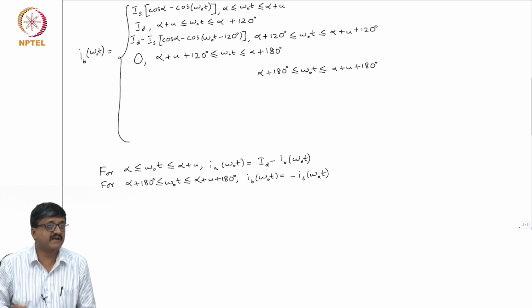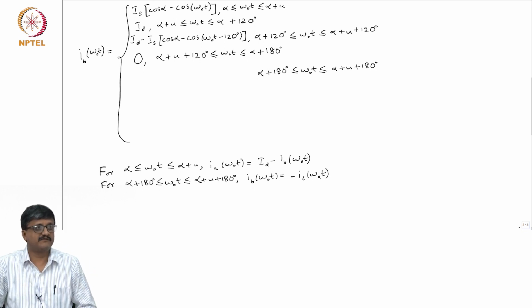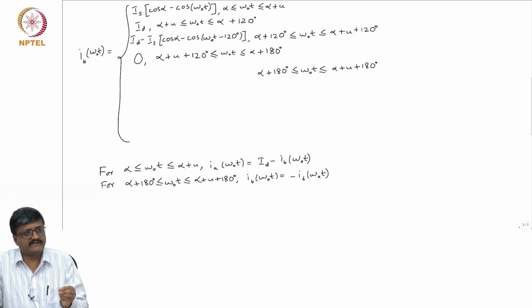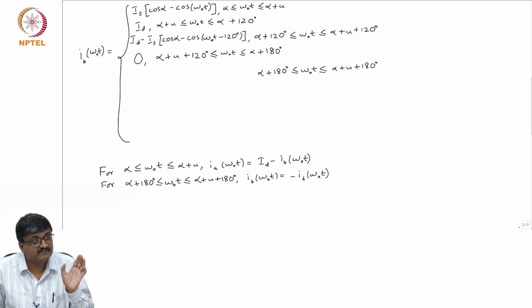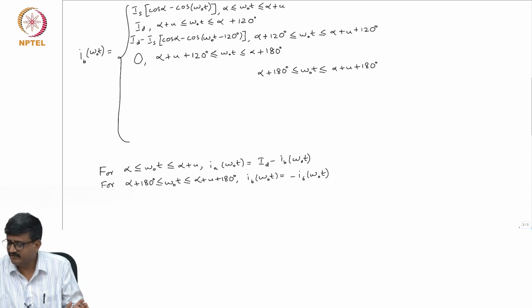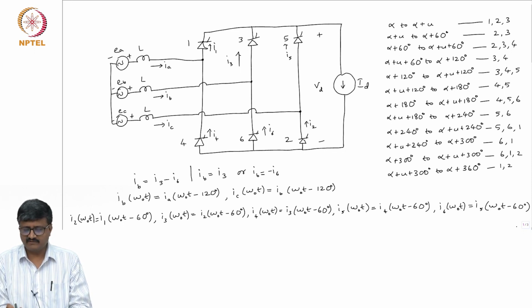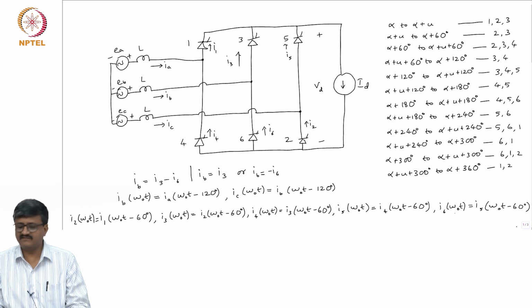Now, what is the purpose served in having minus I6? I6 is related to I3. I6 is identical to I3 except for a phase shift. Go back to the last line, where I have the phase relationship between I1, I2, I3, I2, I4, I3, I5, I4, I6, I5.